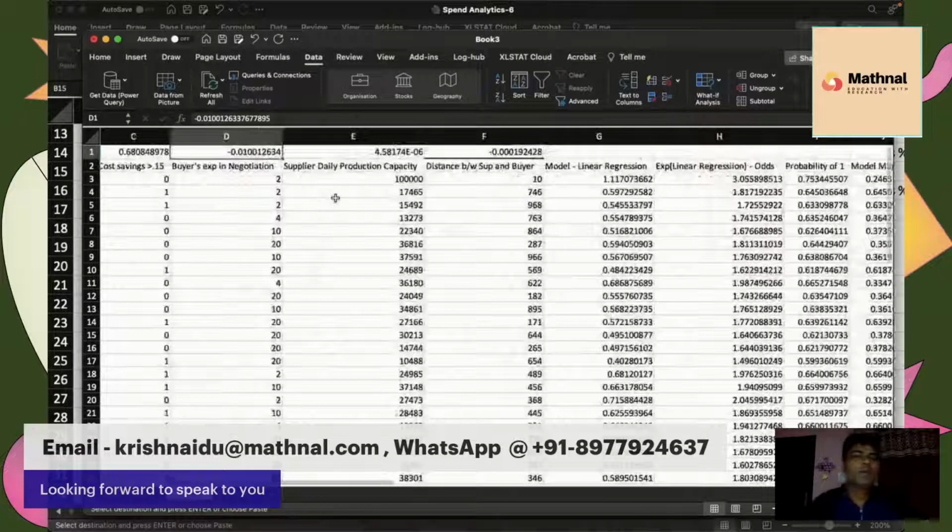Look at here, as the supplier production capacity is increasing, the probability of cost savings more than 15% is increasing.